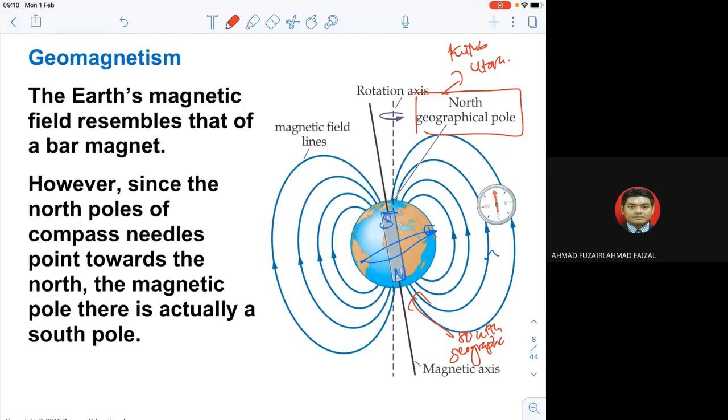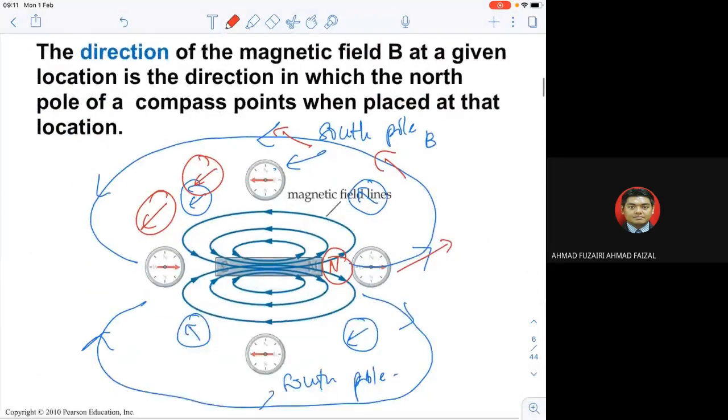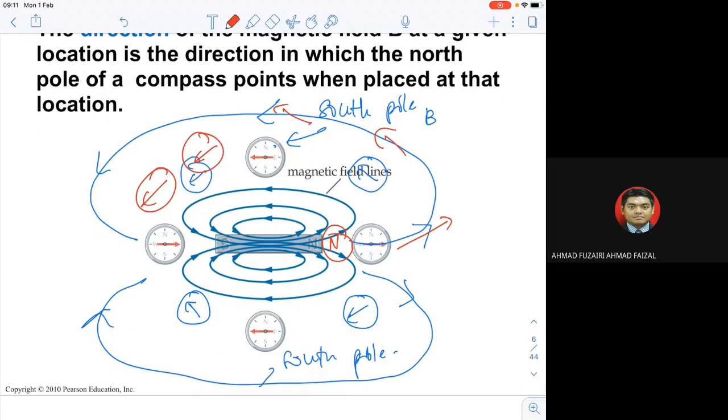So when you have a compass, like I've said just now, the magnetic field line is pointing, the red arrow is pointing to the north, but according to the south pole of the magnet, it's not going to the north. Instead, it's going to the south.